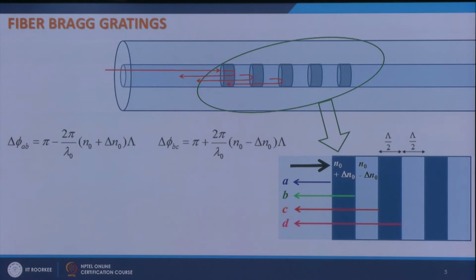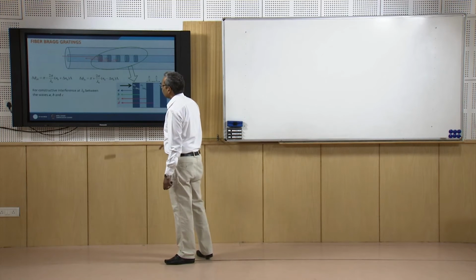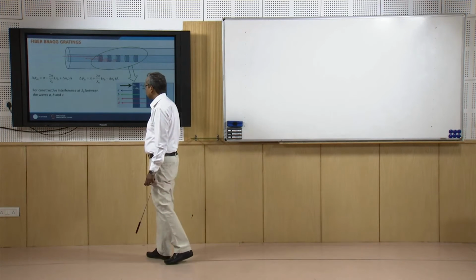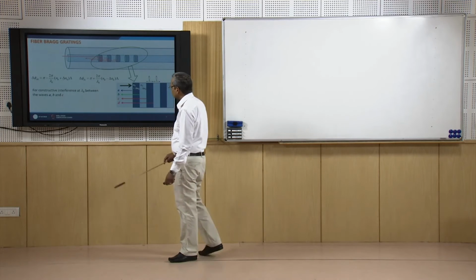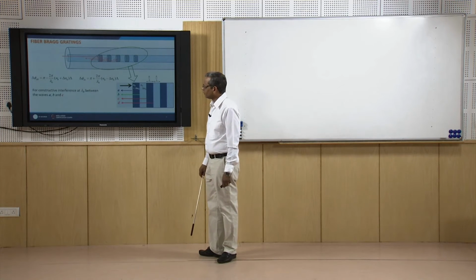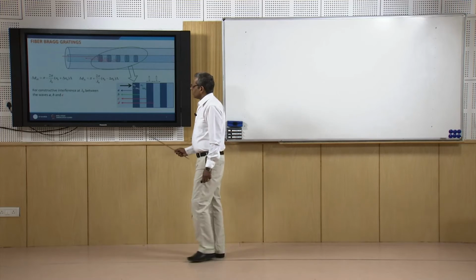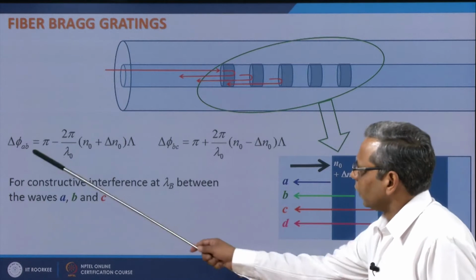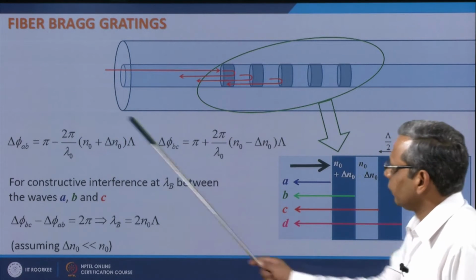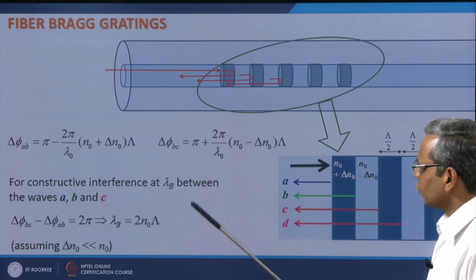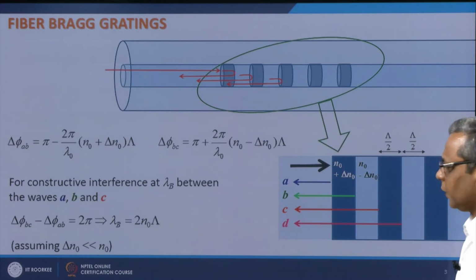Similarly, I can have Δφ_BC, the phase difference between these two waves, and if all three waves have to have constructive interference, and let us say this happens at wavelength λB, then the total phase shift should be an integral multiple of 2π.